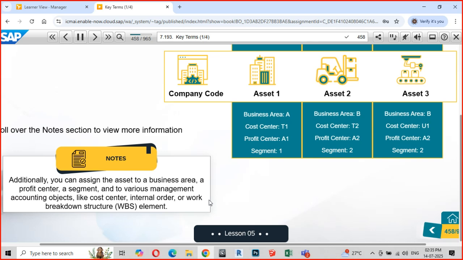All right. So let us just try to stick on to this cost center, because this is what we are going to see when we talk about it. Of course, we are going to look at internal order also. May not be much of WBS because the concept is a little different. Cost center, internal order, yes.